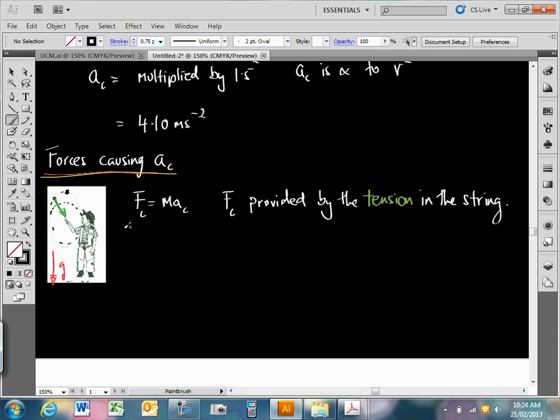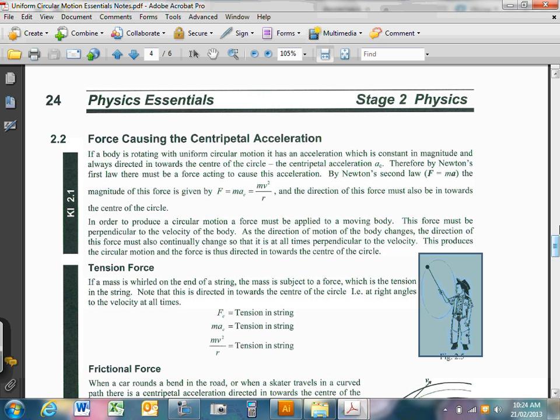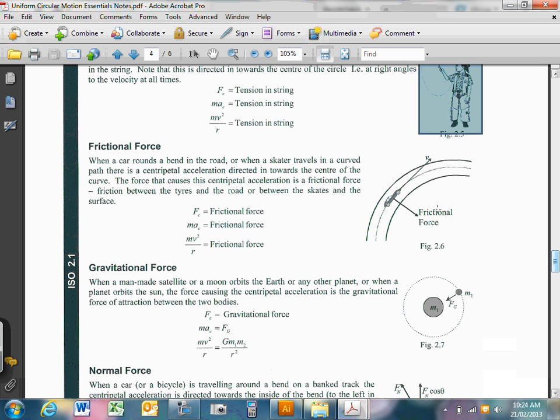Frictional force. Here's a better diagram than what I drew the other day.